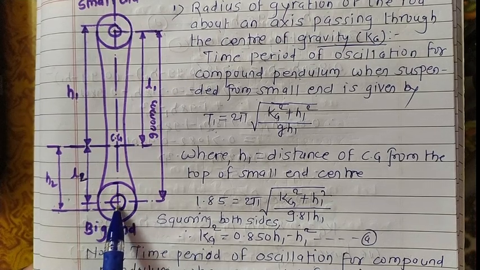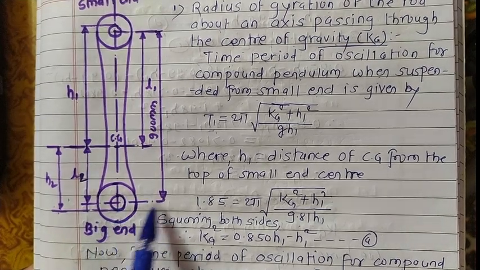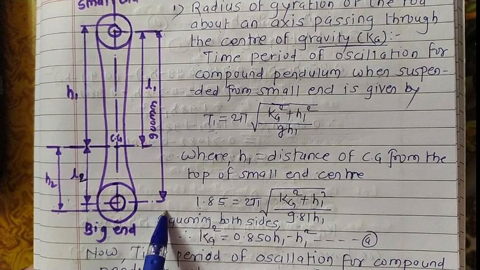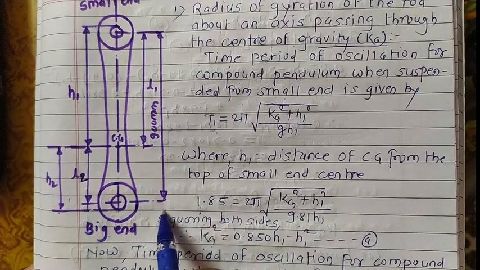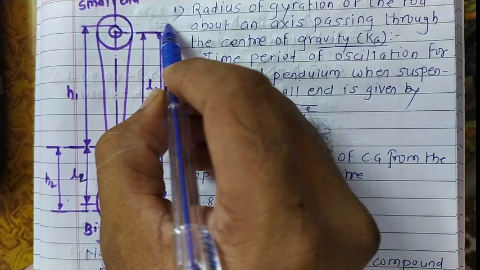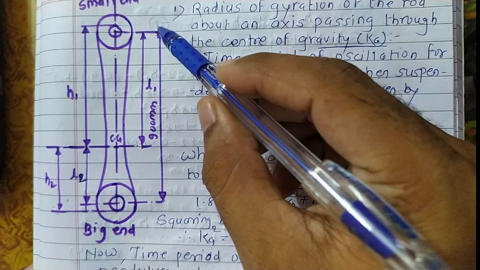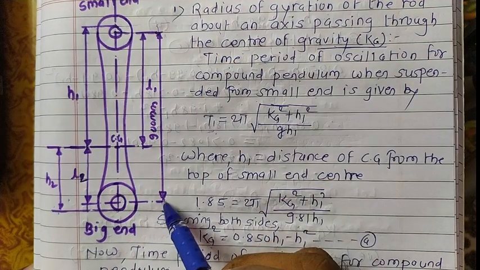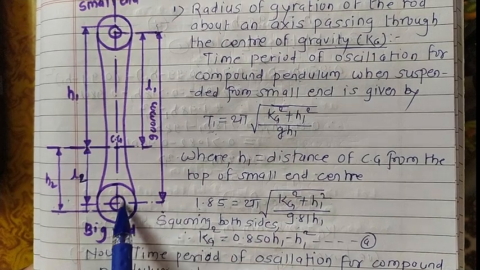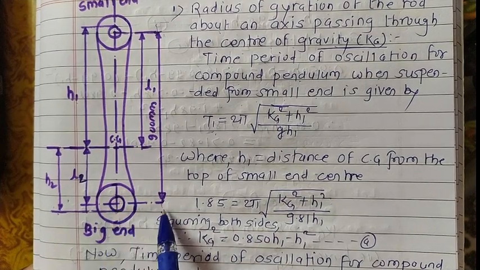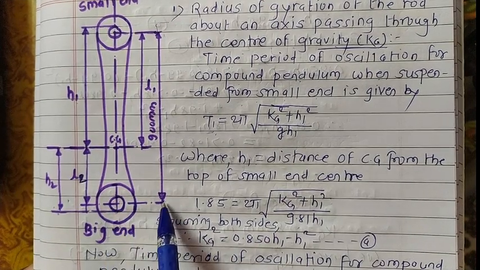So D2 by 2 is this distance. So this distance plus center distance plus this distance. What we get from this distance up to here is half of this diameter, D2 by 2, and this distance is L.